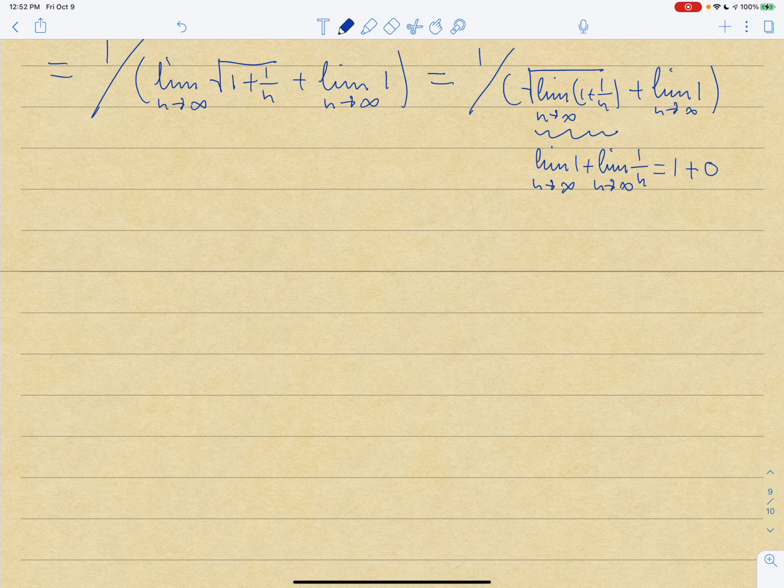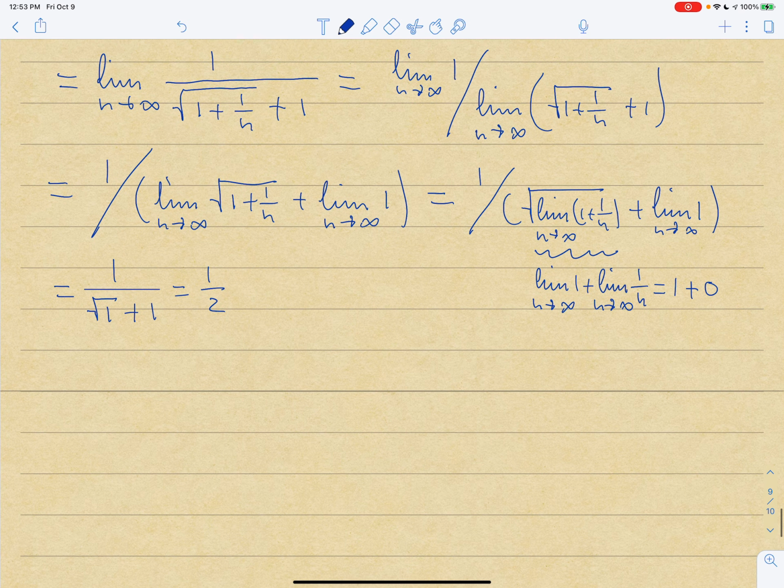And so at the end of the day, this is going to be 1 over square root of 1 plus 1, so the limit is 1/2.